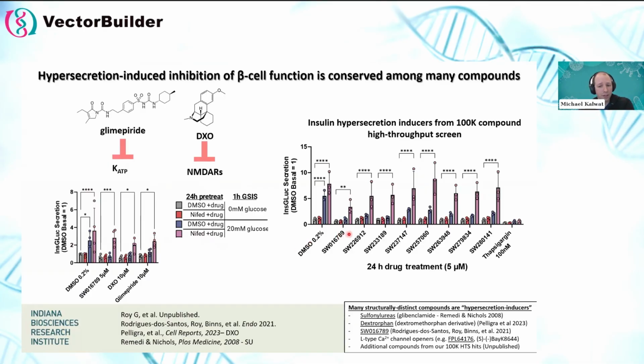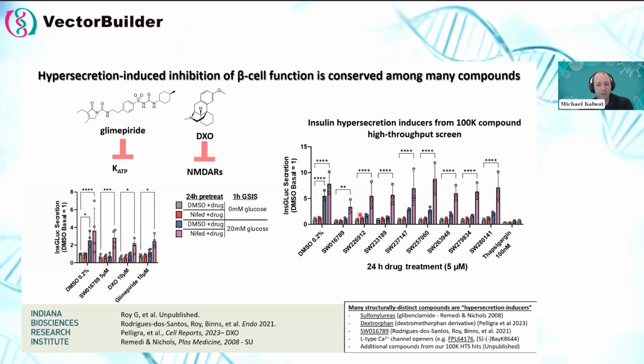And from our 100,000 compound screen, we found a number of other unique chemical structures that are not the same as the SW16789 compound. And this whole class of compounds cause elevated calcium influx, hypersecretion, and then after an overnight exposure, they cause a loss of function. And in every case, they can be protected.